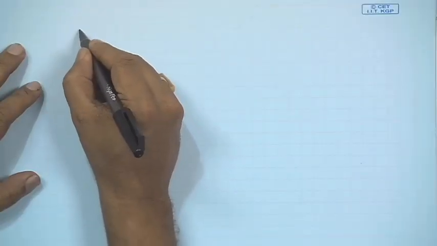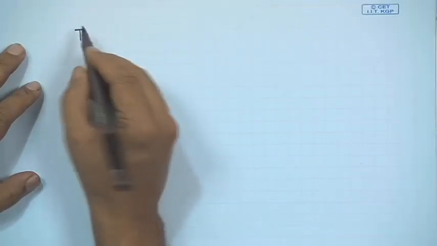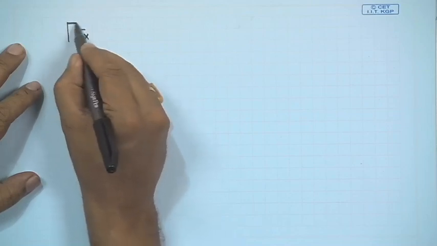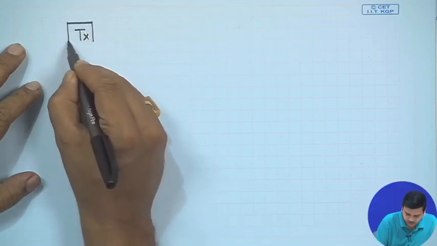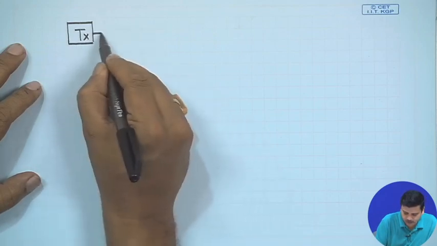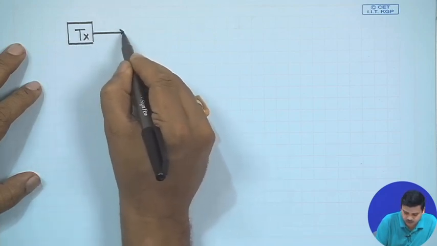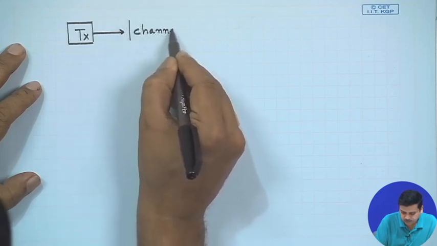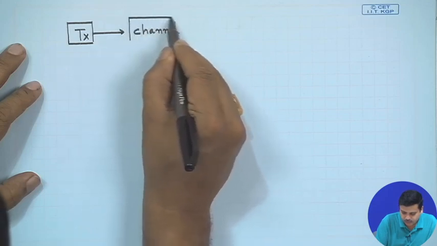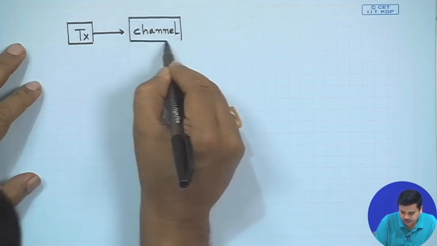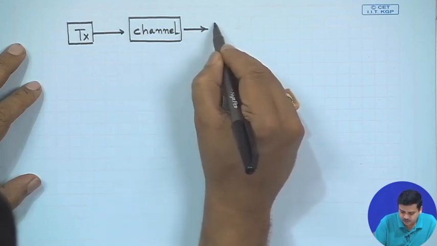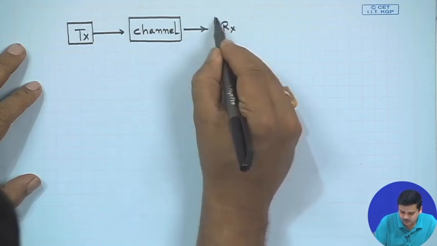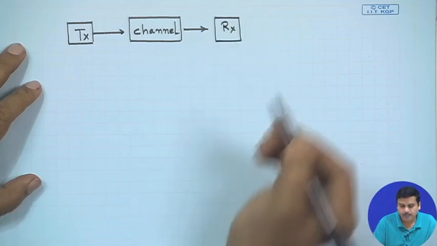So, let us do like this. We say that there is the transmitter, from the transmitter signal goes into the channel, this kind of a figure we had drawn before, and from the channel it goes to the receiver, right.